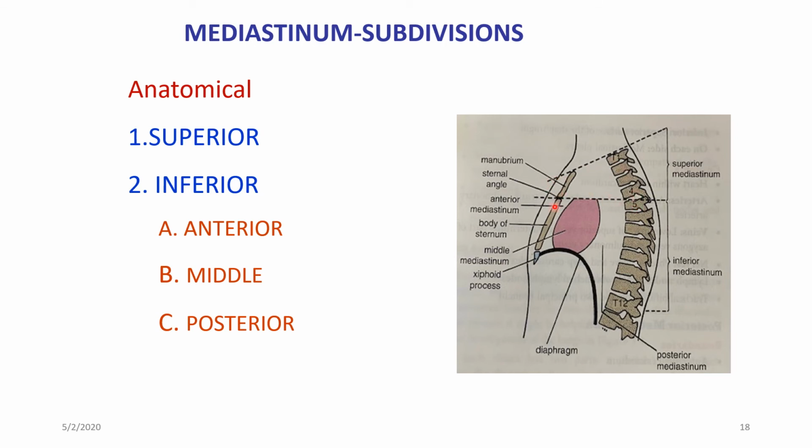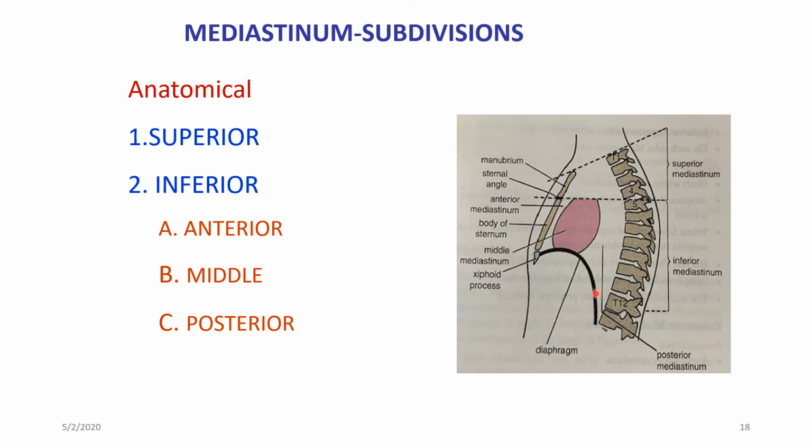The part of mediastinum between these two imaginary lines is the superior mediastinum, and the part of the mediastinum below the imaginary line joining the sternal angle to the lower border of the T4 vertebra or junction of T4 and T5 vertebra, lower to it is the inferior mediastinum, which extends below up to the upper surface of the diaphragm.